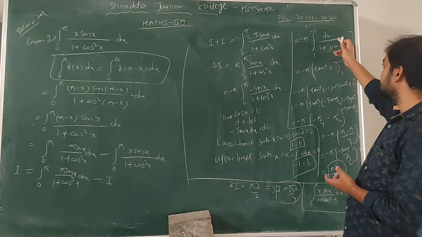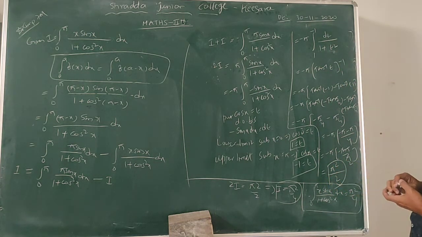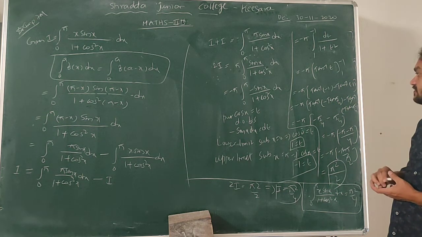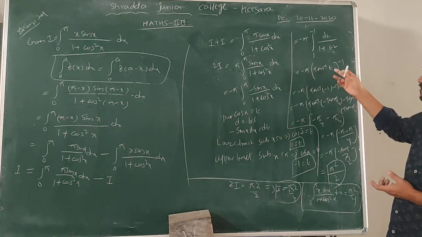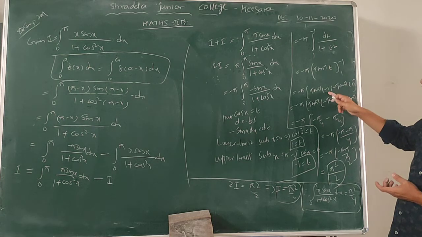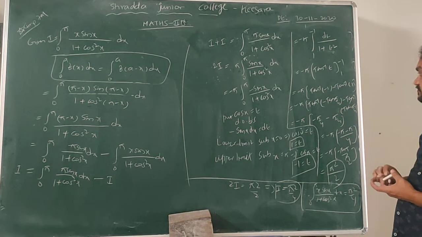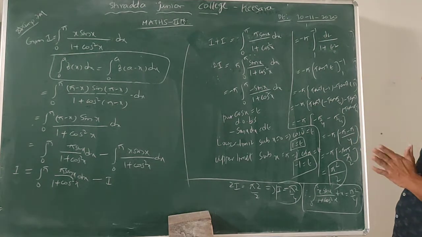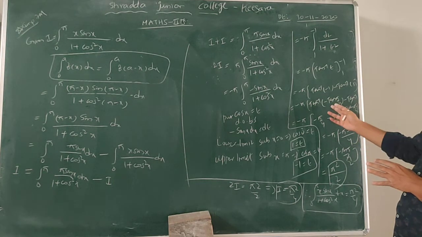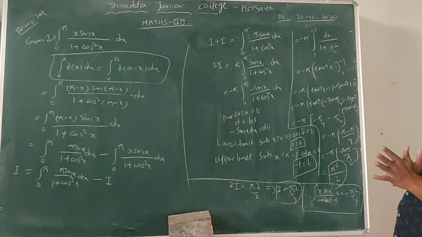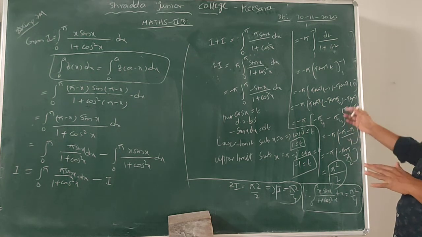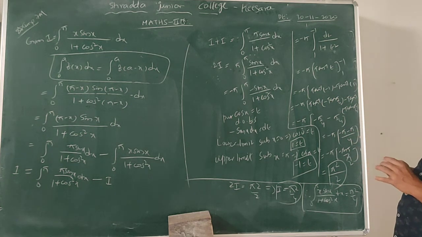Integration 1 by 1 plus t square dt is nothing but tan inverse t from 1 to minus 1. First we have to substitute the upper limit minus tan inverse of the lower limit. You see here tan inverse minus 1 means minus tan pi by 4, minus tan inverse 1 means tan pi by 4.